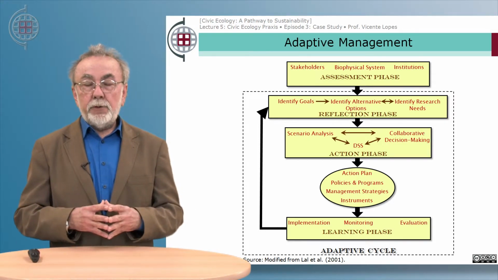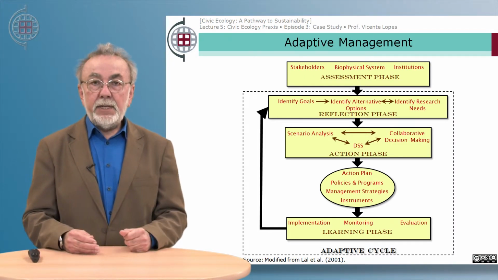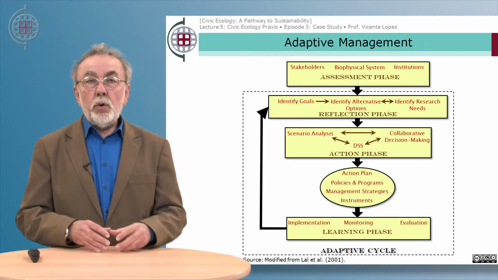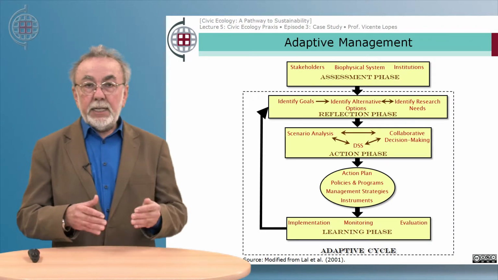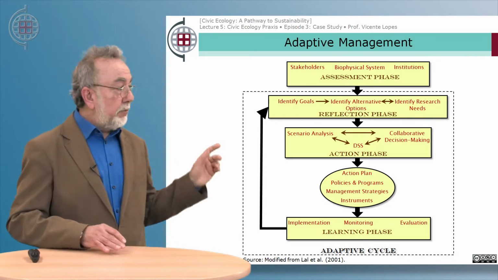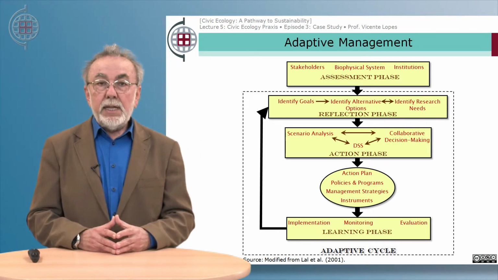Sometimes we were confronted with situations for which we still didn't have enough research, so some research needs were identified. That completed the subphase called reflection, and then we moved to the action phase, which is the first subphase of phase 2 of the project, which is already completed.